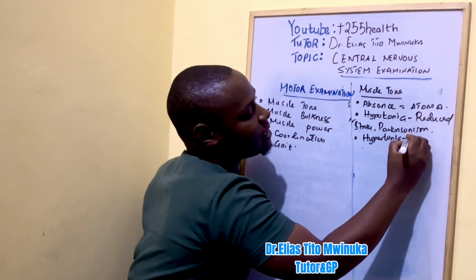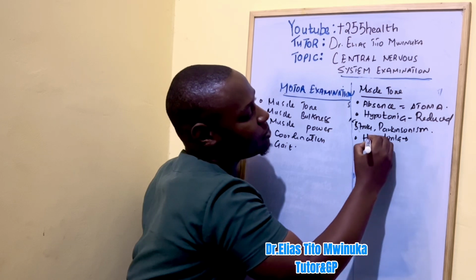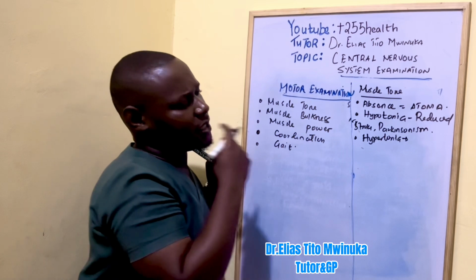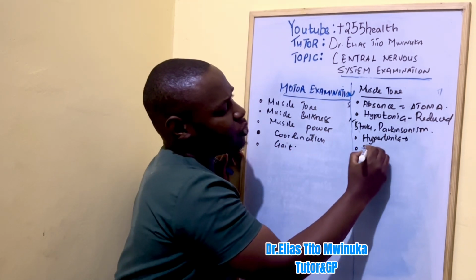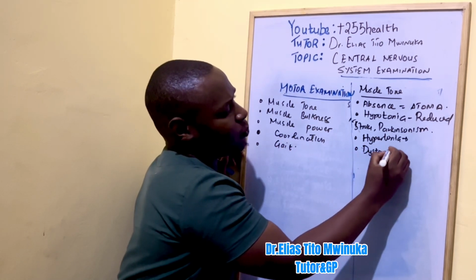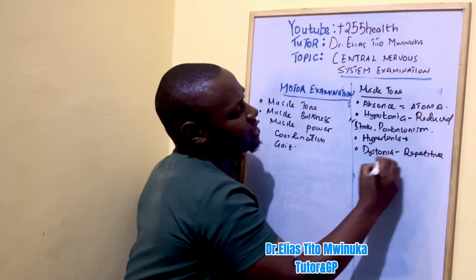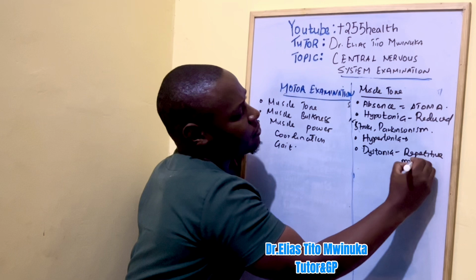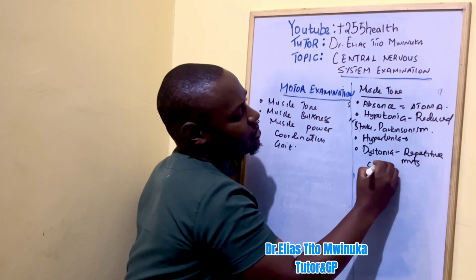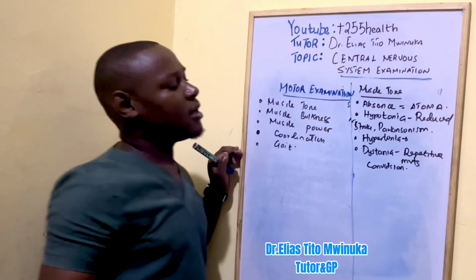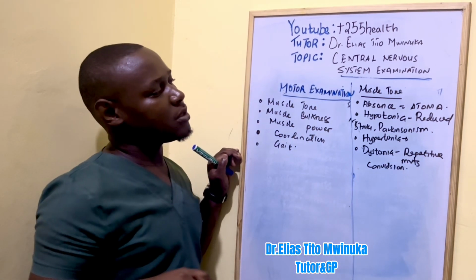So for example, you can get it in different types of conditions, especially in the upper and the lower motor lesions. And then you have something called dystonia, which involves repetitive movements. For example, you have these patients who are convulsing. You can actually see that sort of repeated movement towards the affected parts.